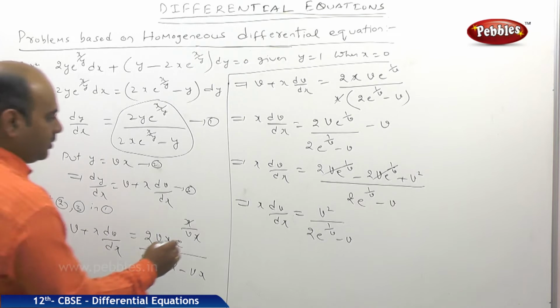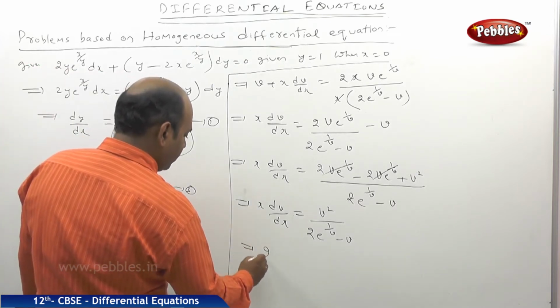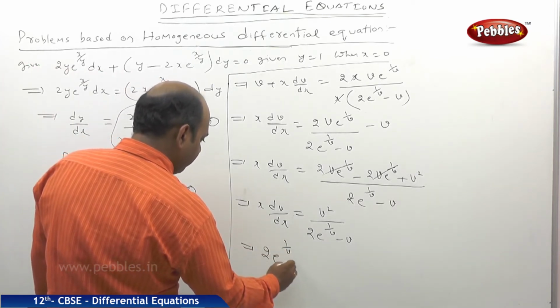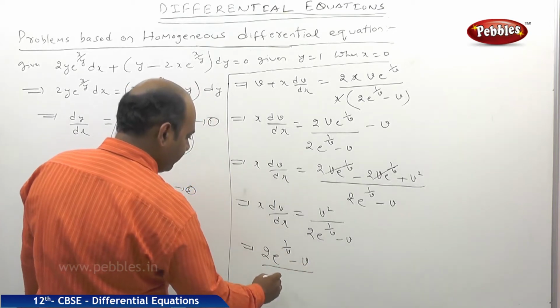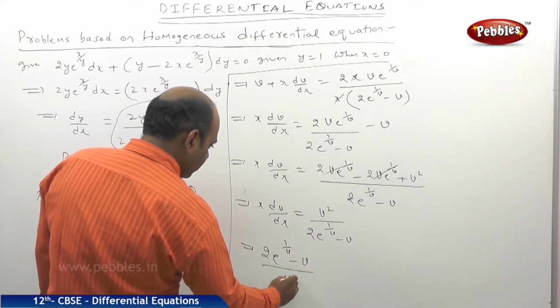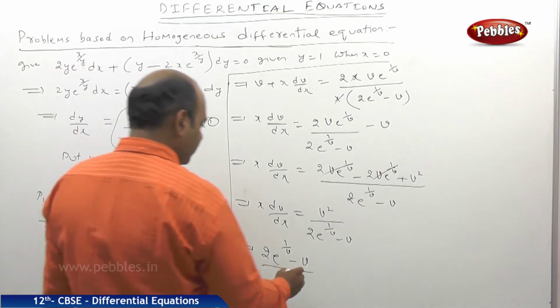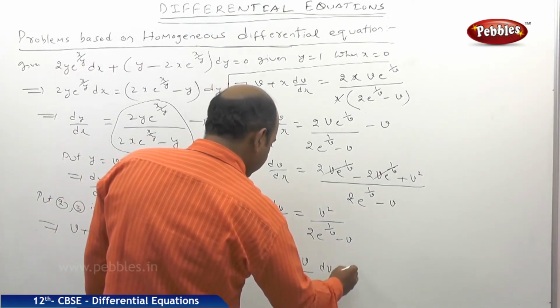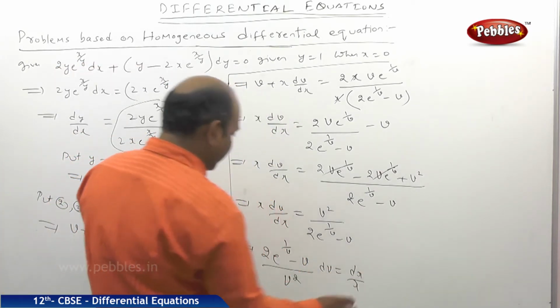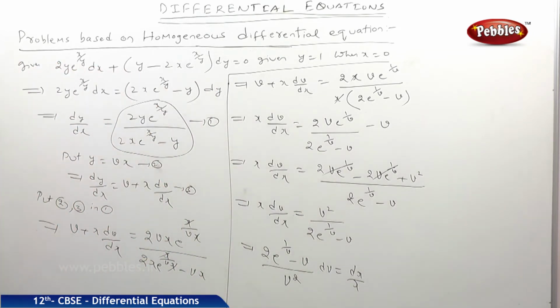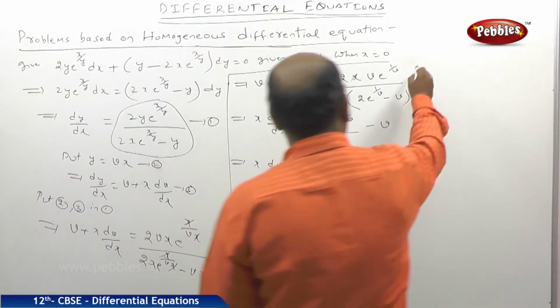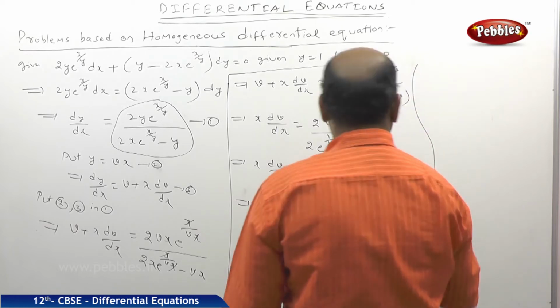So what happens, that implies (2 e power 1 by v minus v) divided by v square into dv is equal to dx by x. So finally what happens, that implies integral on both sides.